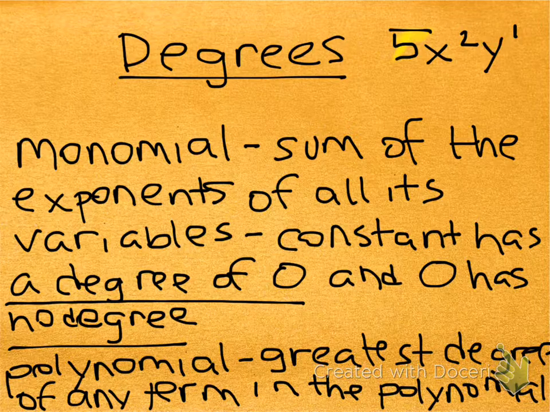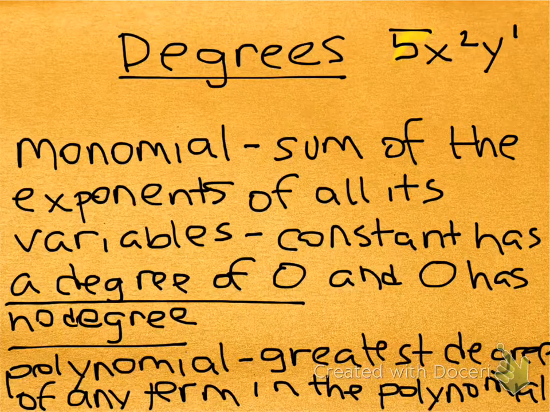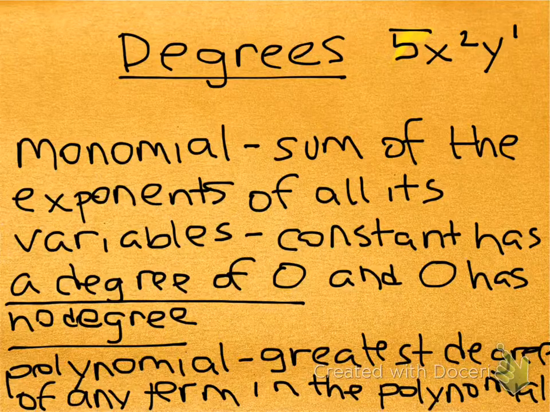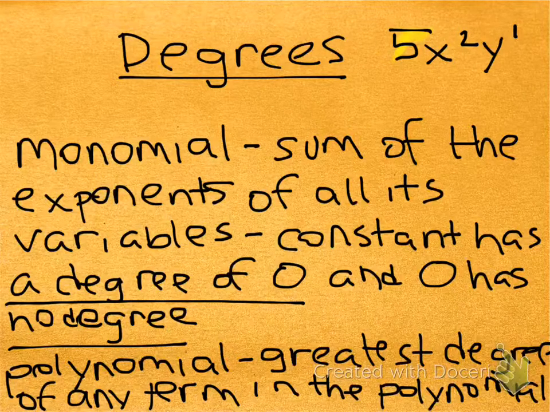A polynomial, like I said in the previous slide, has more than one term. Usually more than three terms is when we call it a polynomial. But if you're trying to come up with the degree of a polynomial, whether it be a monomial, binomial, trinomial, or more, it would be the greatest degree of any of the terms in the polynomial.